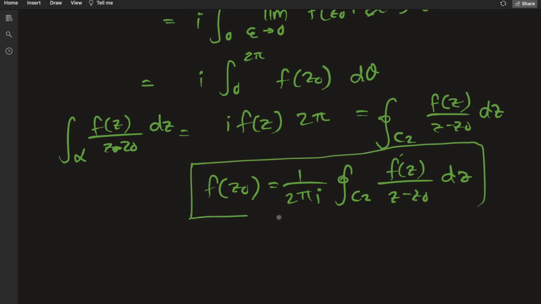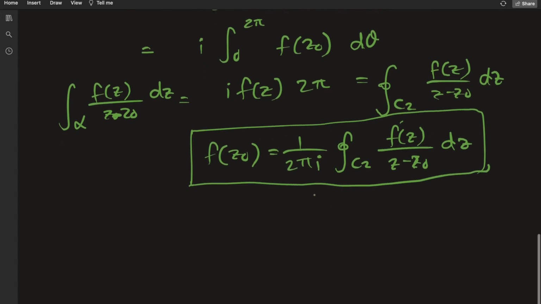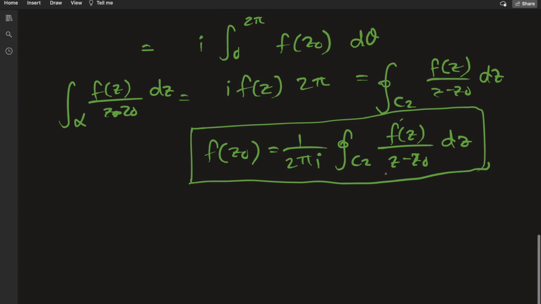It says the contour integral over a region where w of z is non-analytic, or has one pole at z naught, that's basically the number in the denominator, is going to be 2 pi i times f of z naught. Or f of z naught is just going to be 1 over 2 pi i times the contour integral over the region that contains the pole of the denominator, the z naught.